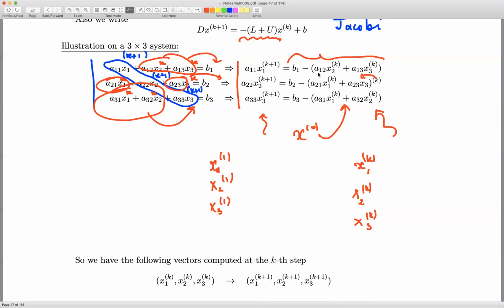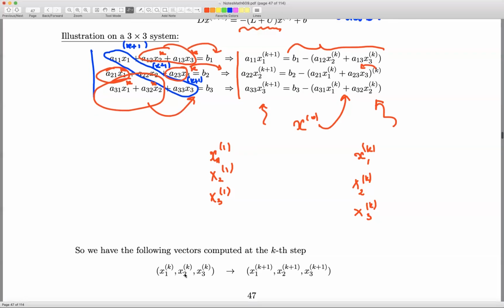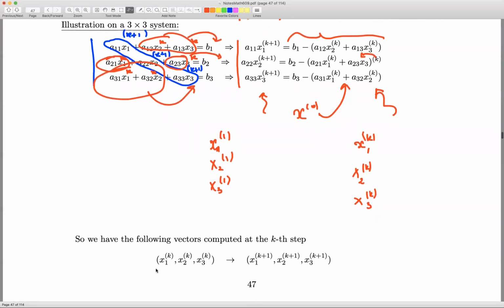For the second component, we divide this expression by a22, and so on. At the kth step, we have the kth vector x1, x2, x3, and we compute the first, the second, and the third component of the next vector.